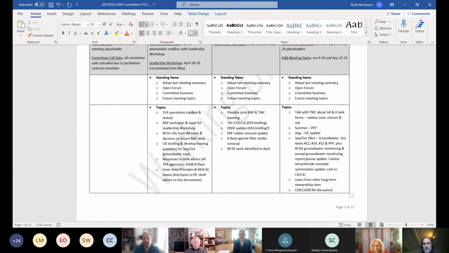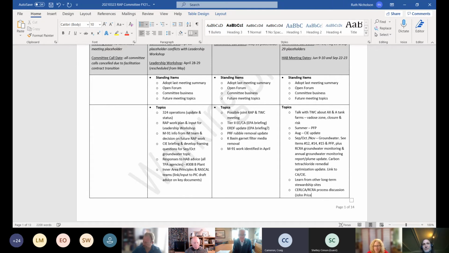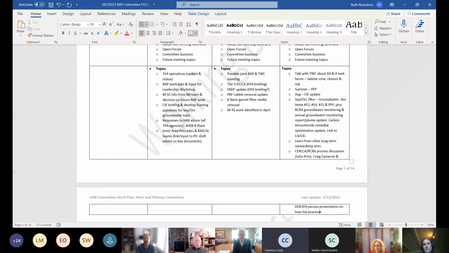Circular RCRA process. Yeah. Hey, this is Craig Cameron. I don't know if it's kosher for me to chime in, but by all means. A few years ago, John Price and I, as well as a DOE person that deals with the EIS aspects of Hanford, presented a PowerPoint on RCRA, CERCLA, how they compare, and also NEPA.